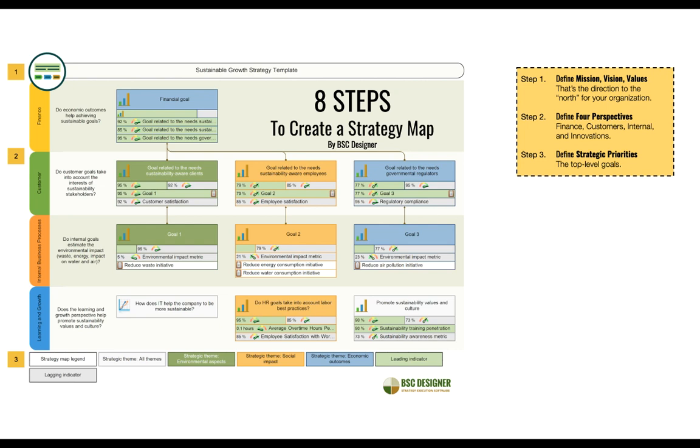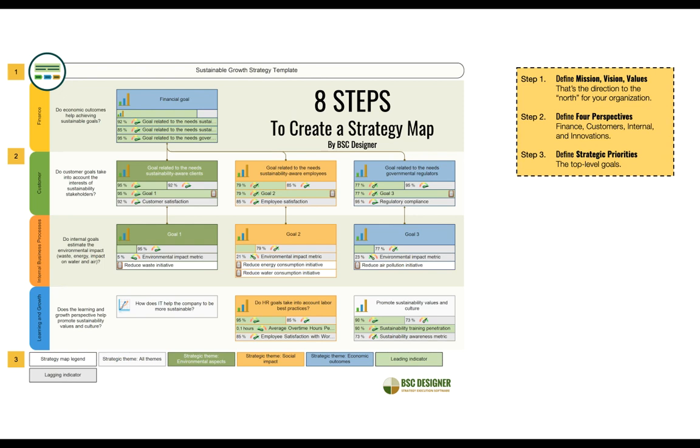So the first one was mission, vision, values, and the next one, more specific, is three strategic priorities or three strategic themes that your organization wants to follow. In general, these themes are focusing on customer service, focusing on operations, and focusing on improving your product or service.